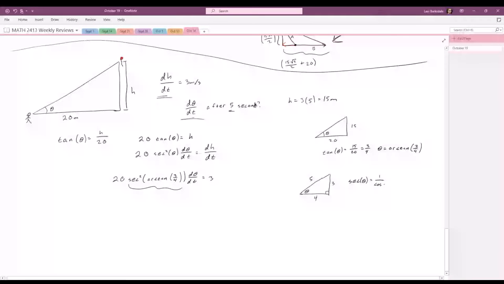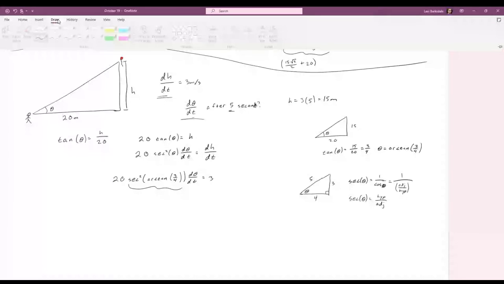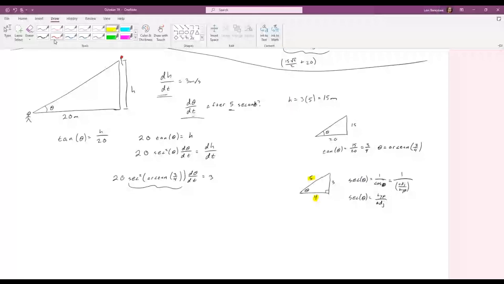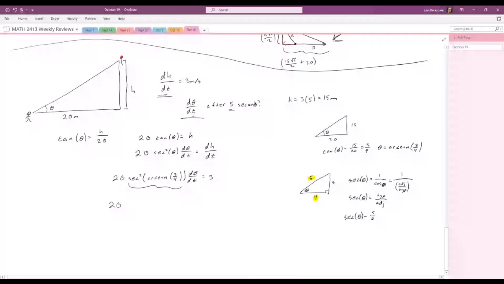And cosine theta is, in turn, adjacent over hypotenuse. So then secant of theta should just be my hypotenuse over my adjacent side. Well, I know what my hypotenuse is. I know what my adjacent side is. So then the secant of theta in this case is equal to 5 over 4. So then the secant squared should be 5 over 4 squared times d theta over dt is equal to 3.